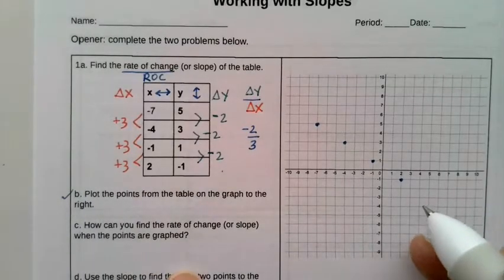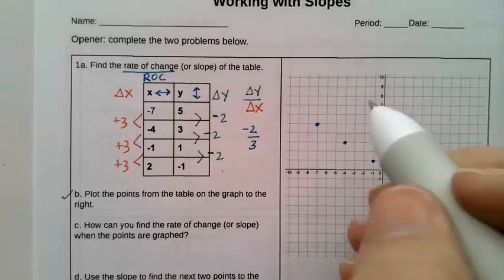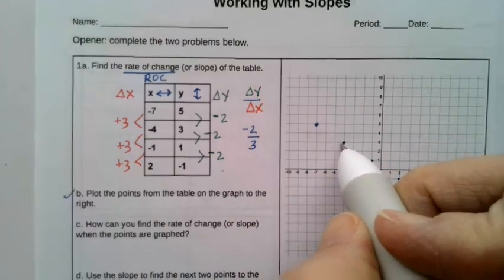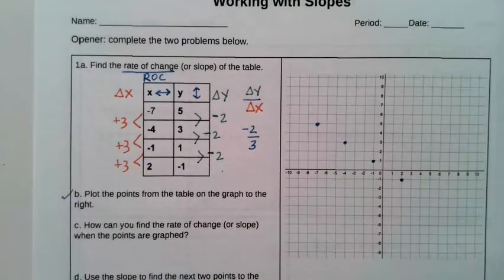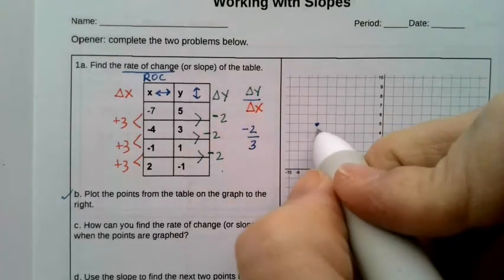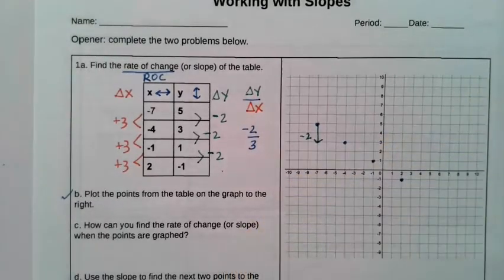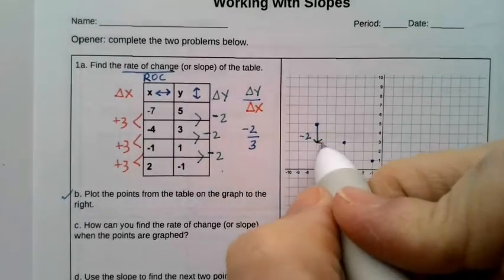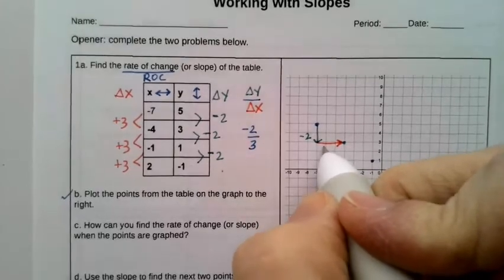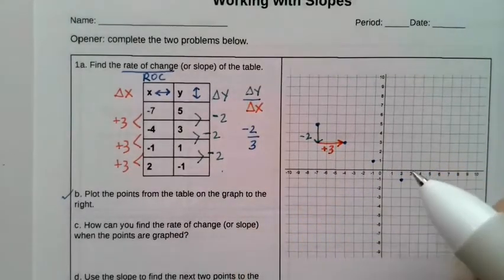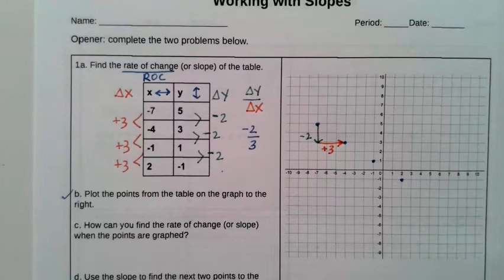So how can you find the rate of change or slope from the points? You can look at what's happening between points. For example, I can see that I am going down 2 and to the right 3, so +3, to find my next point.